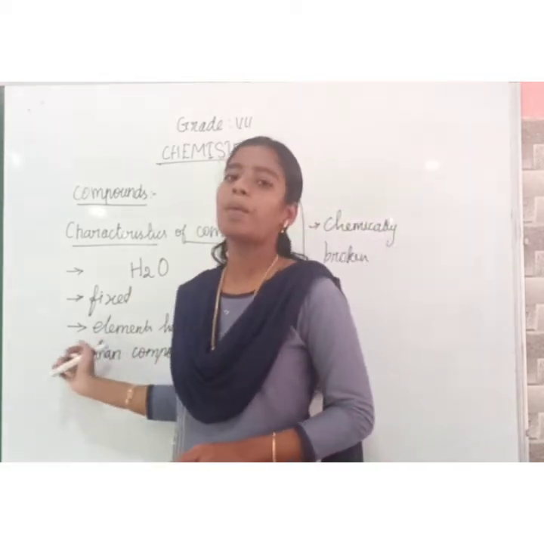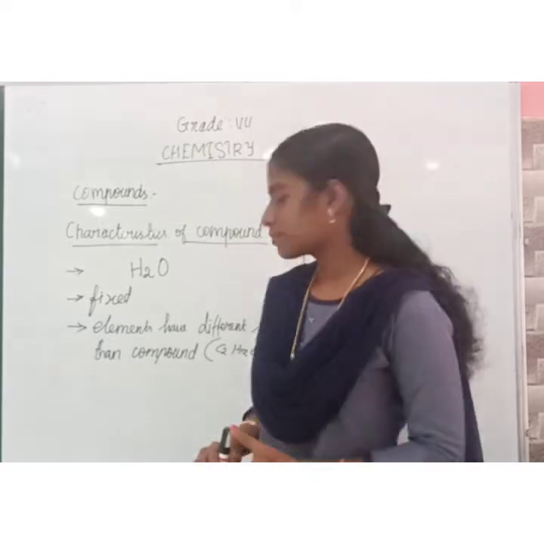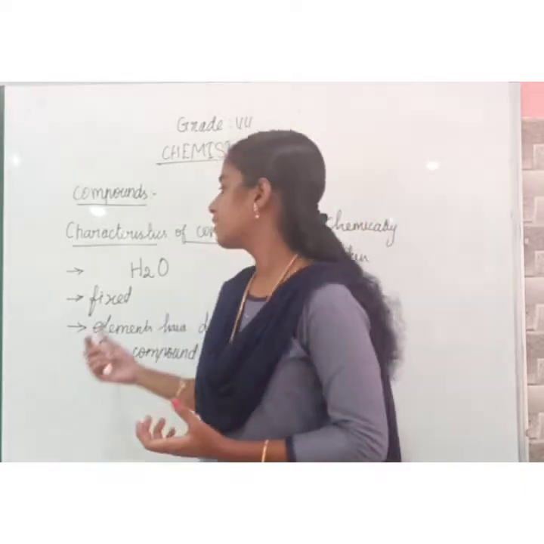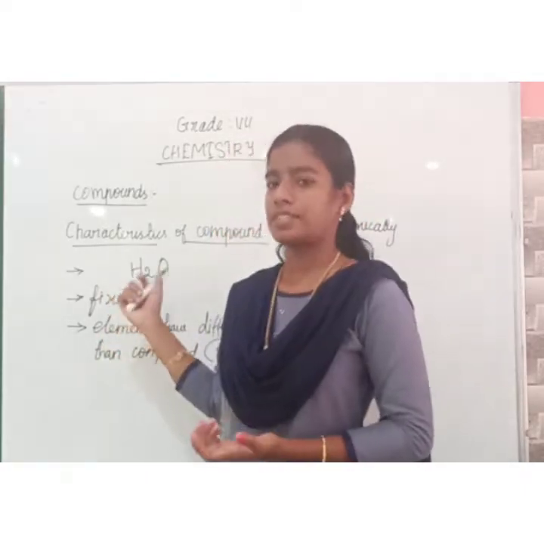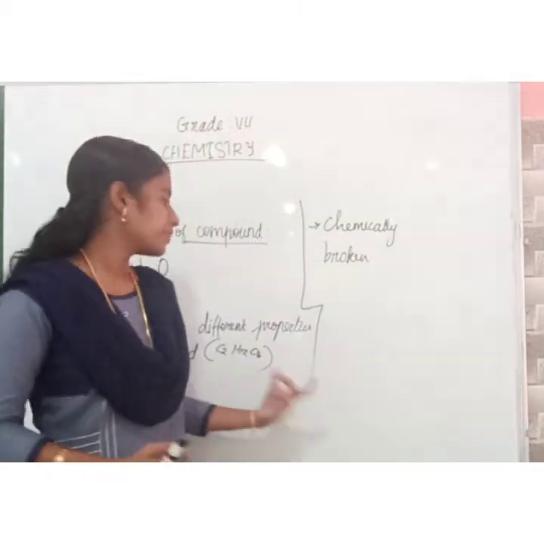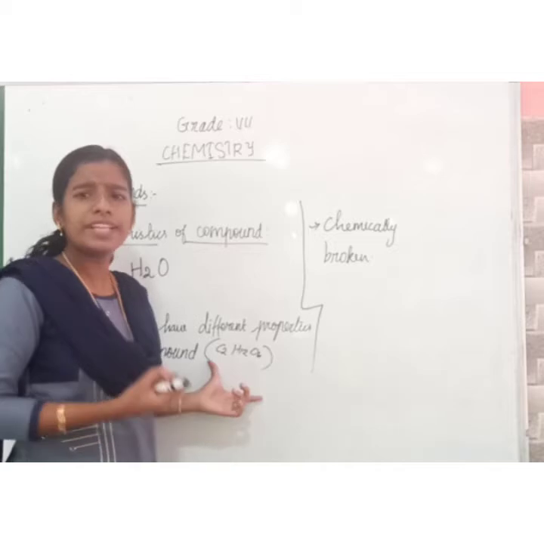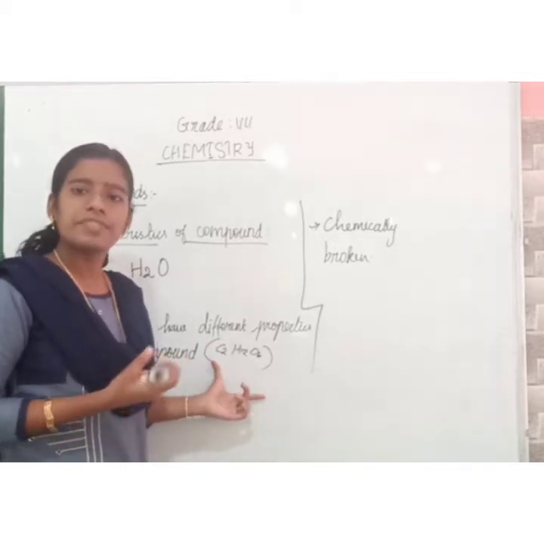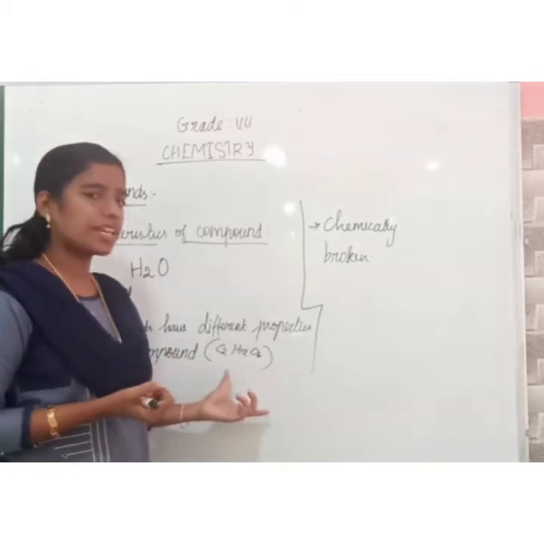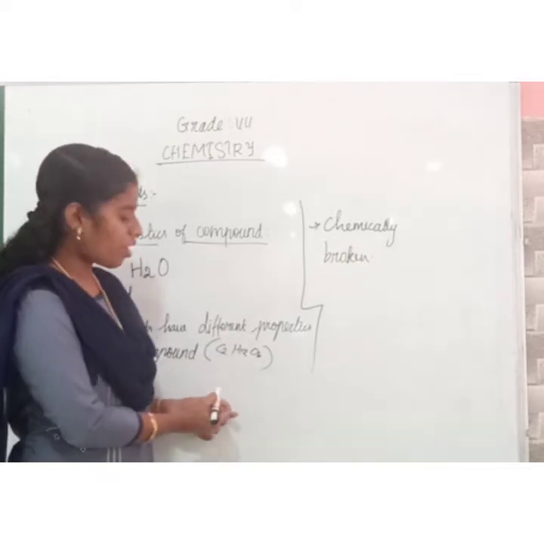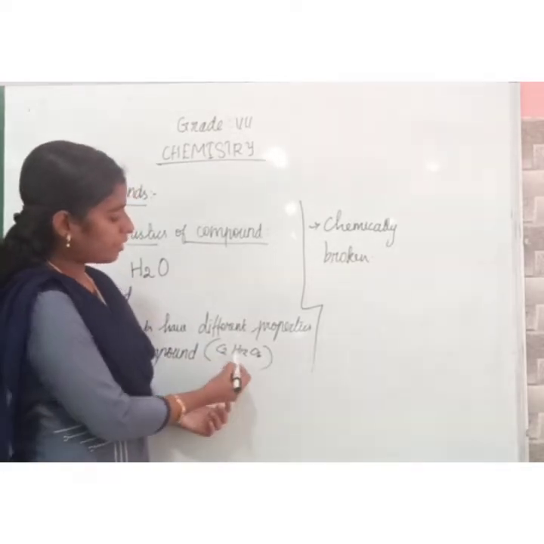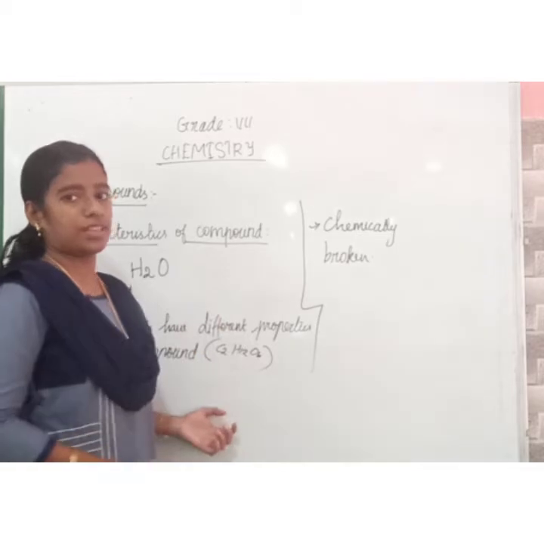Then the next property. Another example we can consider is sugar. The sugar we eat is very sweet in taste, right? This sugar is made up of carbon, hydrogen and oxygen.